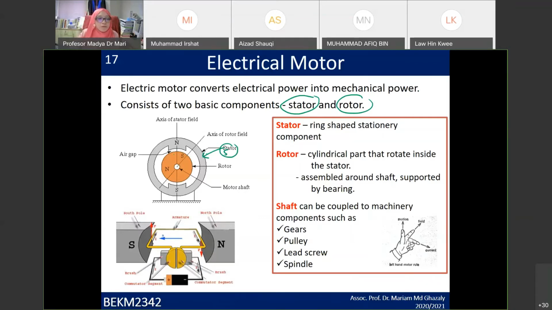Imagine that you have a stator with a north pole and a south pole over here. If you have a north pole and a south pole, what is the direction of the magnetic field? From north to south or south to north?